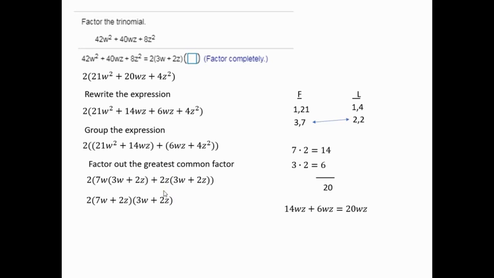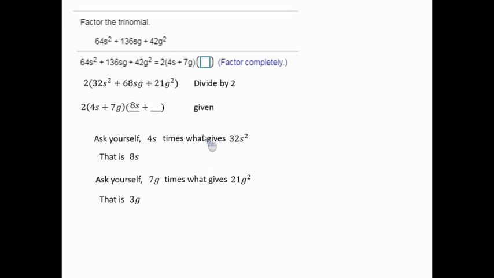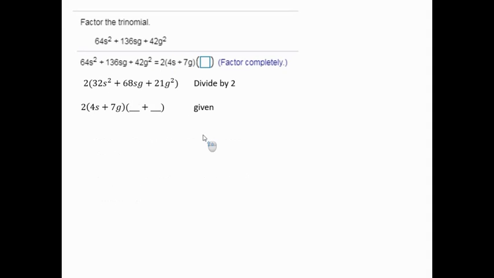Now, as I said, you don't have to do it this way. I just am including how you would do something like that without the hints. But in the previous example, I showed you how to do this by just using the hints. You ask yourself, if I have 4s times what to get 32s squared, right?